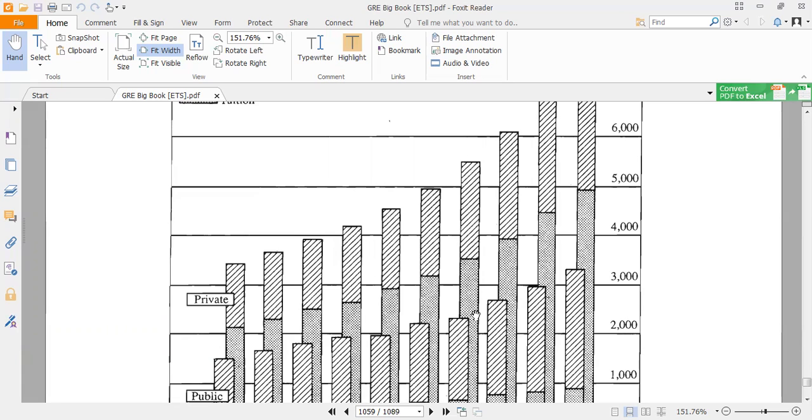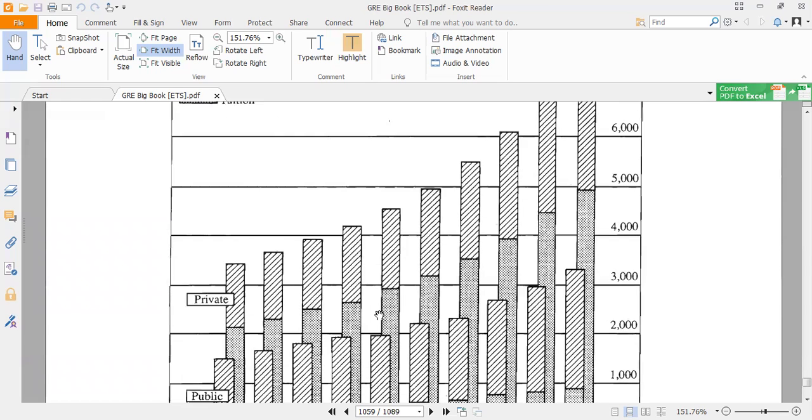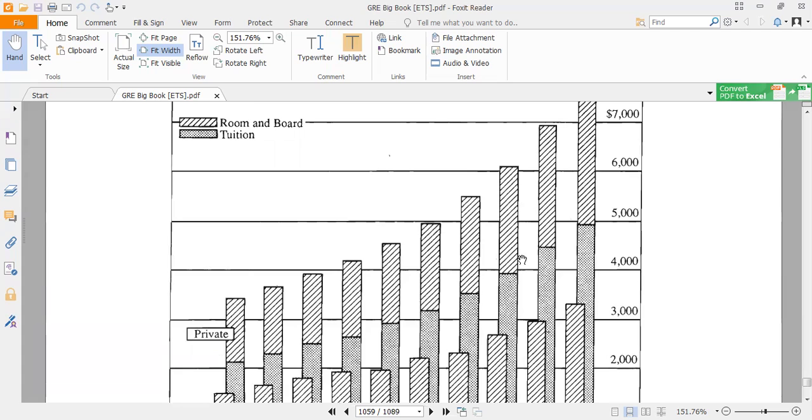So yes, maybe we have reached our breakdown point. It is about 3,000. Now let's look at this data. It is about 2200 and about 5000. If we substitute this, we will have a number which is less than 3000. And we don't need to look at the rest of the data, because we have already mentioned earlier that with the increase of the year, the gap between them also increases.